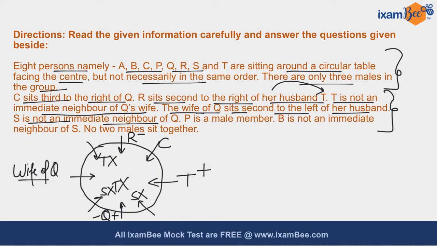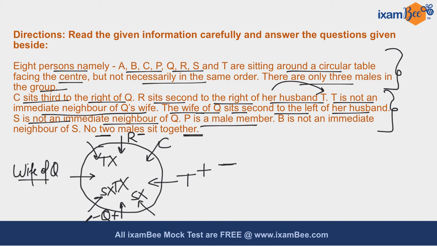Now it is given to you that P is a male member and no two males sit together. So if P is a male member, he cannot sit between T and Q. Here is your T and here is Q because no two male members sit together. Also, P cannot sit to the immediate left of Q because no two male members sit together.